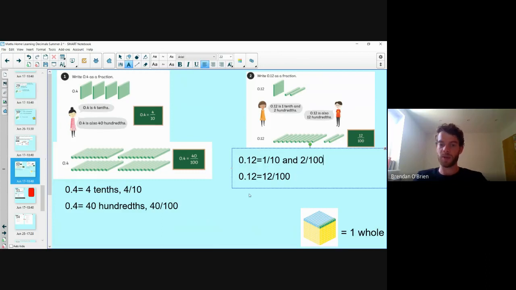Okay, now let's compare our 2 decimals that we turn into fractions.